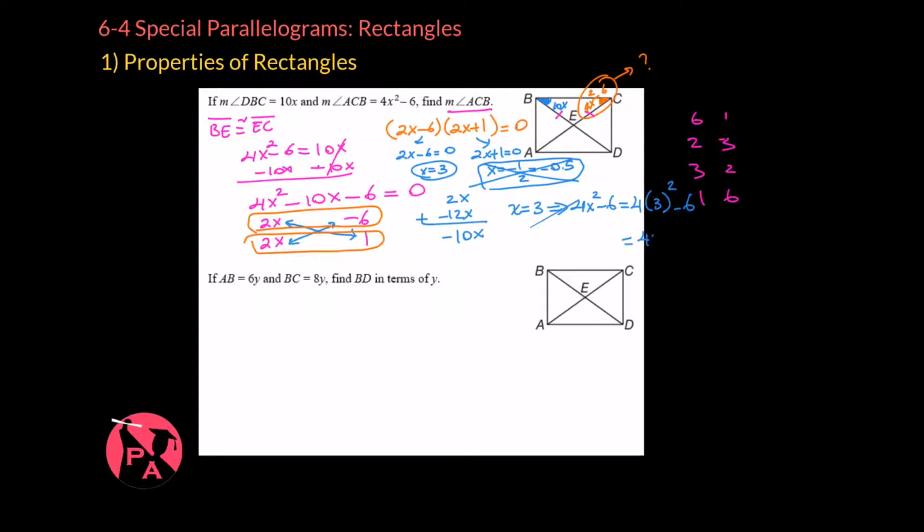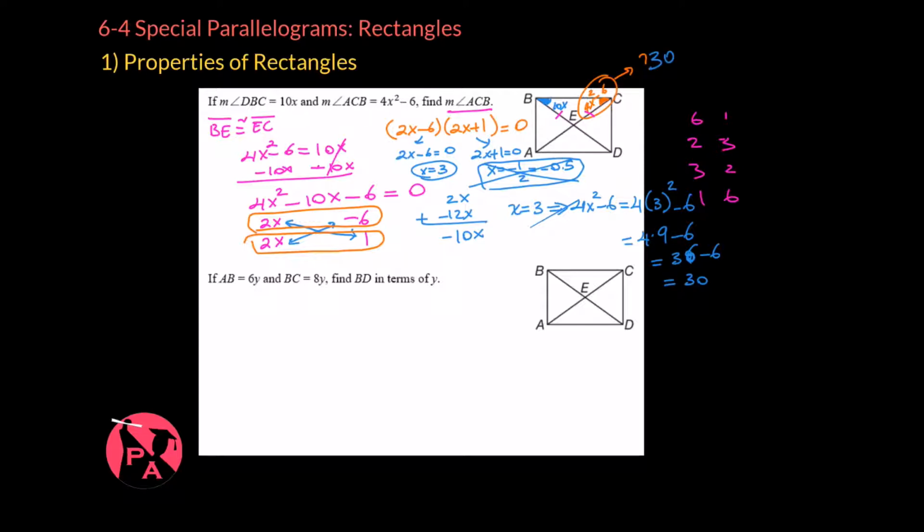So exponent comes before multiplication. Remember order of operations. 4 times 9, because 3 squared is 9. Subtract 6. 36 minus 6 equals 30. So the measure of the orange angle is equal to 30.